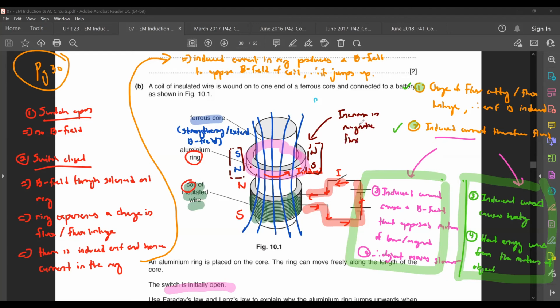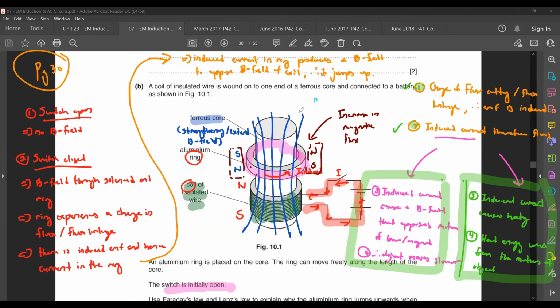That's why you got your EMF induced and hence current induced. So here, your magnetic field must be in such a way to oppose this increase in magnetic flux. So you can have either two choices.